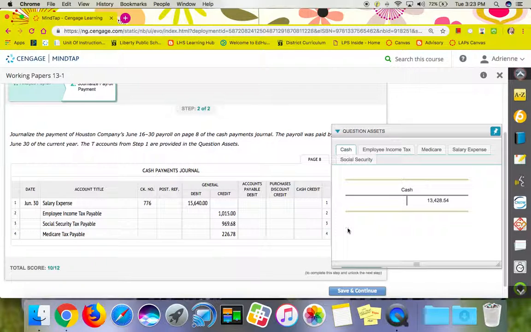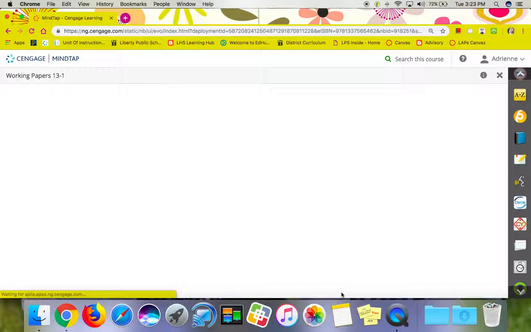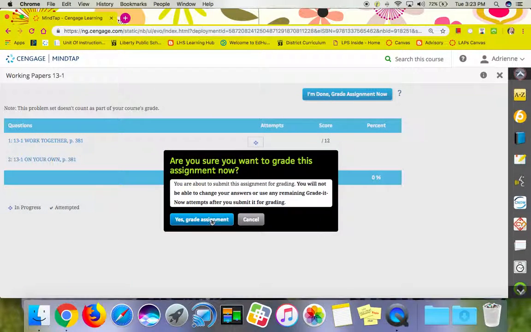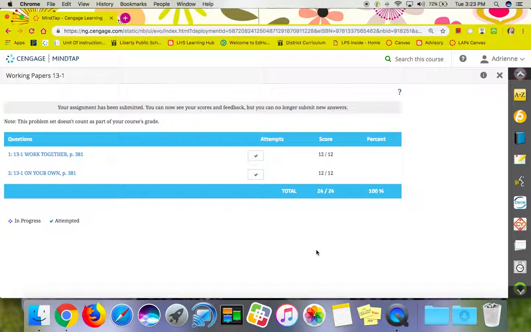And then the difference of those is our cash, which is going to go in the first line. And there you have it. Let's make sure that I did everything correctly. Yeah, all good.